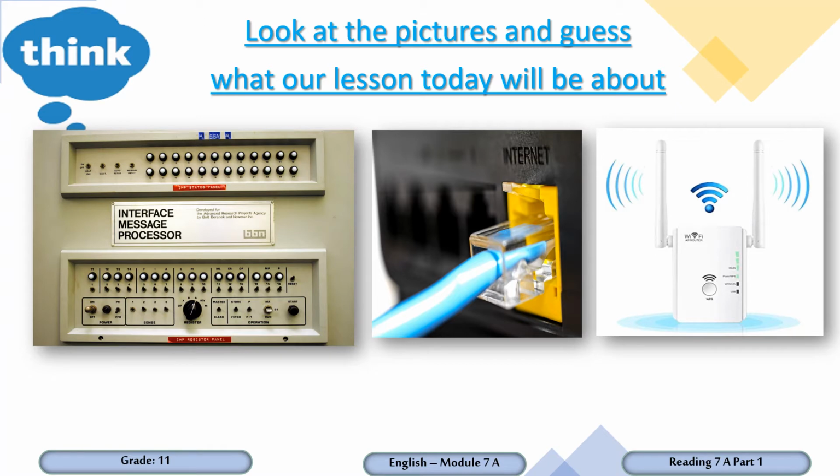The device in the third picture is very familiar for all of us because we can find it everywhere. It's a router, the device that distributes the internet for the devices in a certain place, like a class or a school, hospital, or other places.